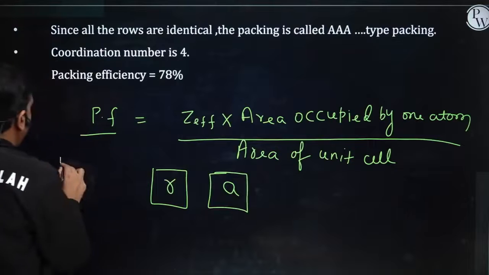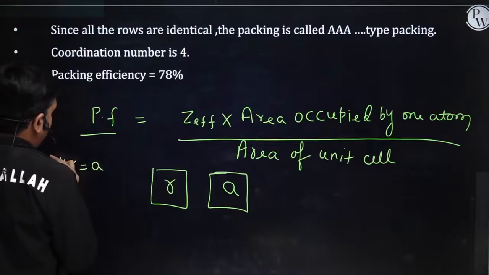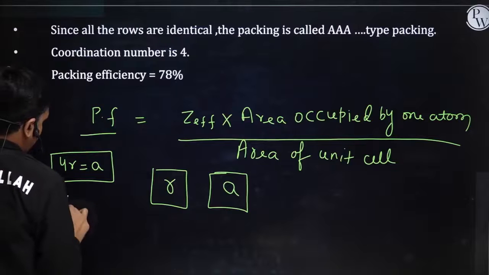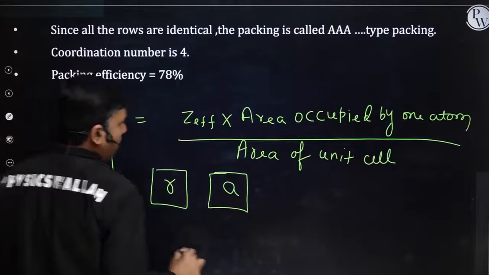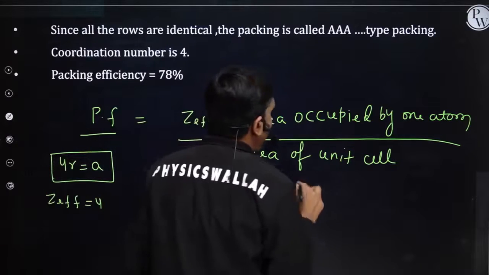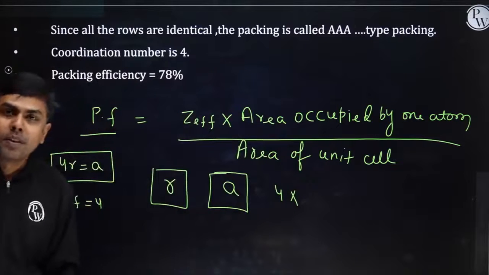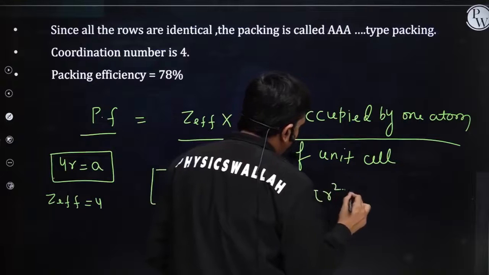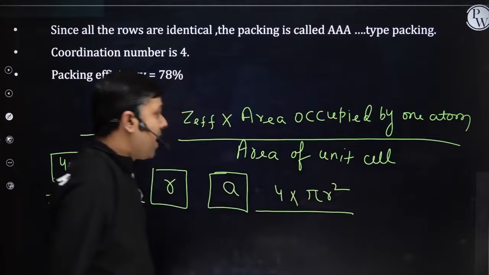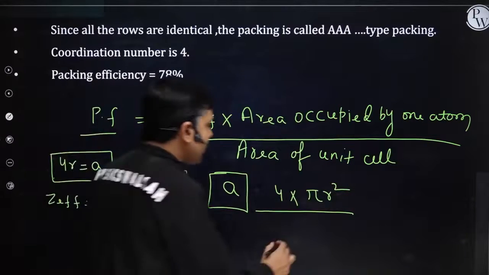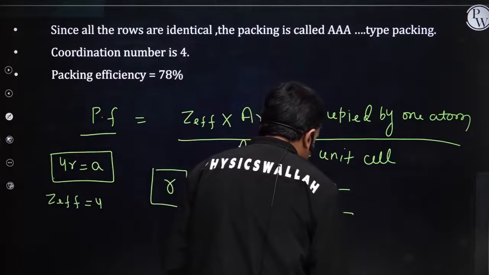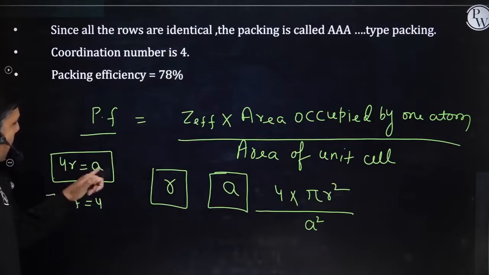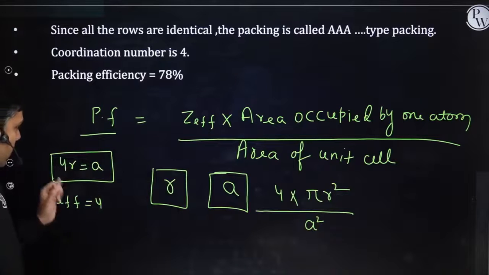Now, packing fraction. We have 4R equals A, one of the relations, and then we have Z effective equals 4. So now 4 into area occupied by one atom, which is pi r square, upon area of the unit cell, and area of the unit cell is how much? A square. Am I clear? Now students, 4R equals A, so R equals A by 4.